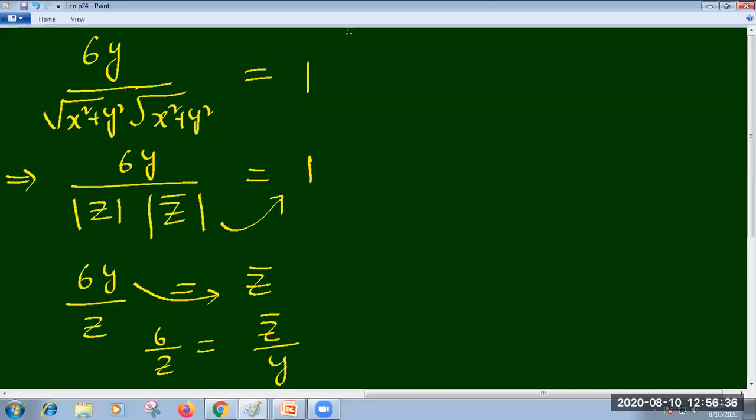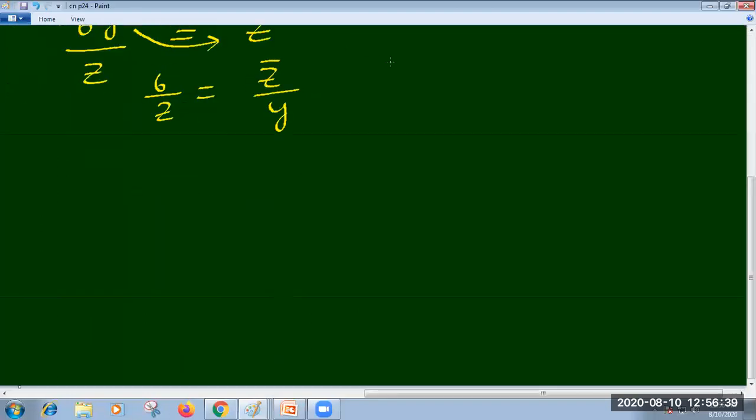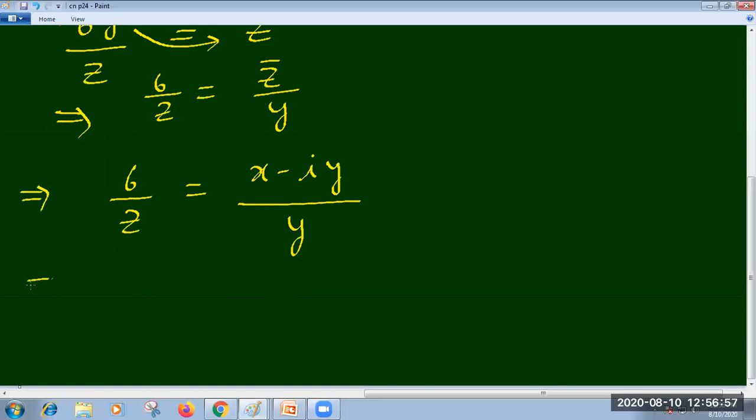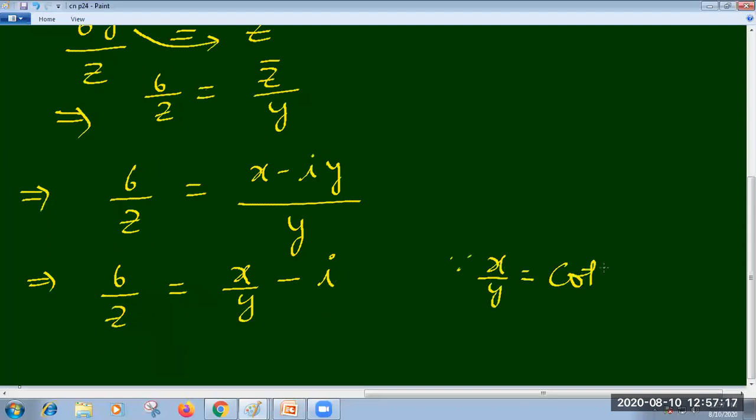So here 6 by z, and z bar is x minus iy. 6 by z, separate the denominator, x by y, and y will get cancelled, as x by y is cot theta.